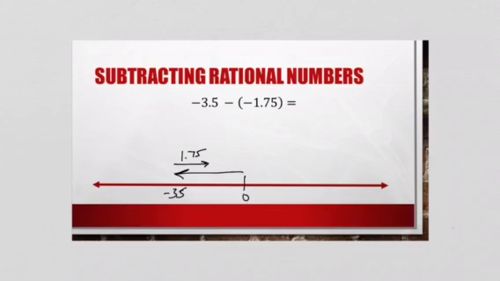No. We'll still be on the negative side, so our answer still should be negative. So we're going to do 3.5 minus 1.75. We're subtracting the absolute values, and we should end up with 1.75. So we should end up at negative 1.75 because our answer still should be on the negative side of 0.